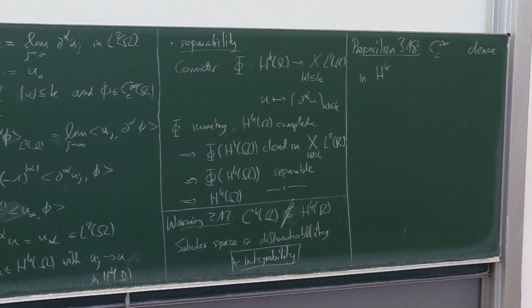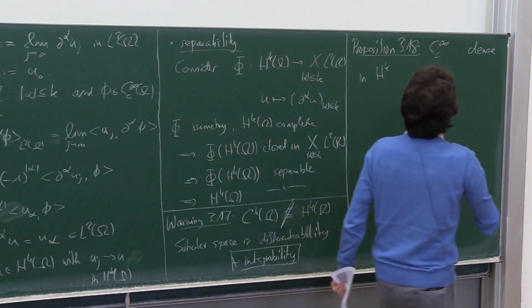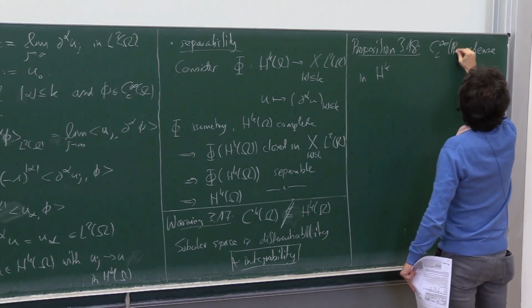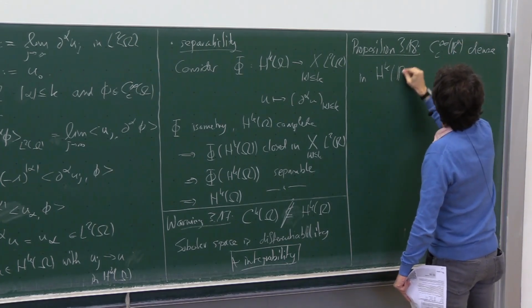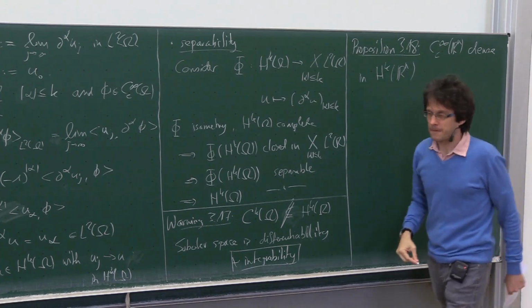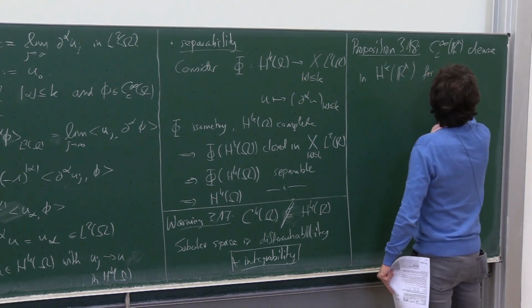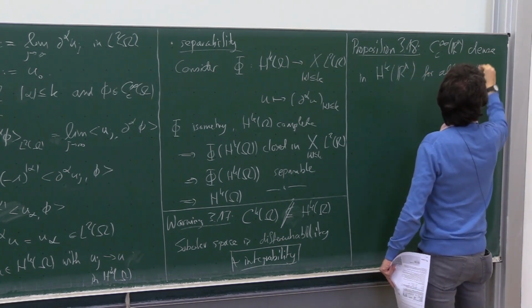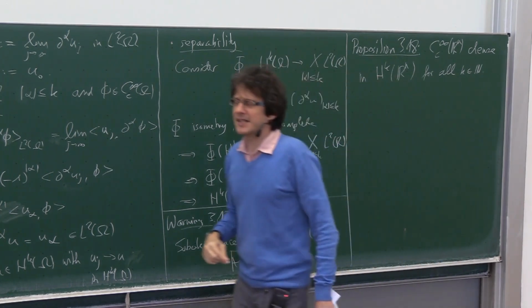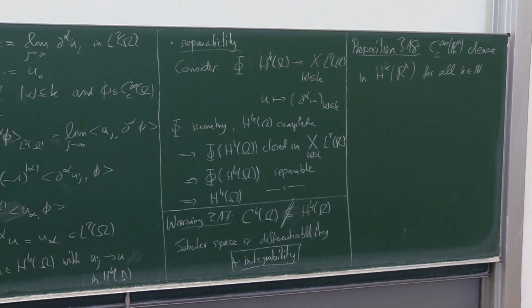And the answer is, as it is very often, that it depends. It depends on the domain. What I left out is, C_c^infinity of what? It turns out that, for instance, for the whole space, this is okay, and for all k, doesn't matter which k. But this is linked to the whole space, and you will see also in the proof. The proof that I will present will break down if you do not do the whole space.